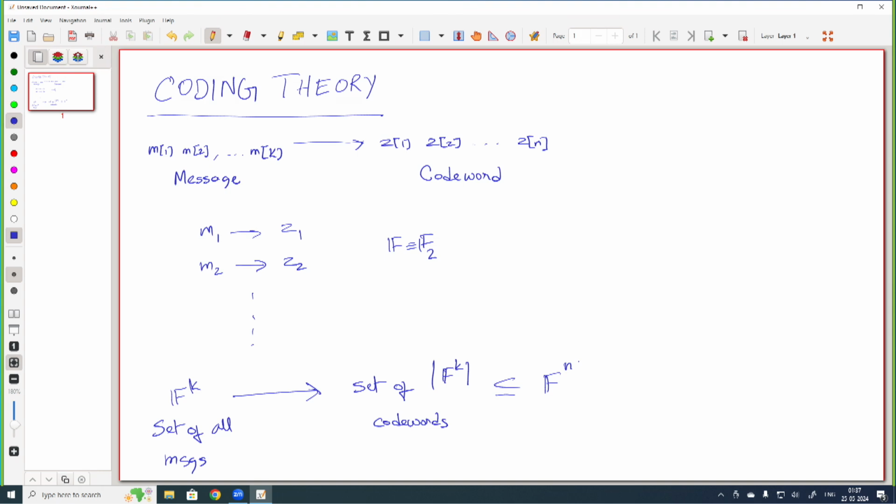See, these code words are a subset of this space, not a subspace, just some arbitrary subset, which means there are a bunch of vectors in this n dimensional vector space, right. Now, you received one of the vectors in this space, and let us say that vector is actually equal to one of the code words, then what is it that you can say about the message?